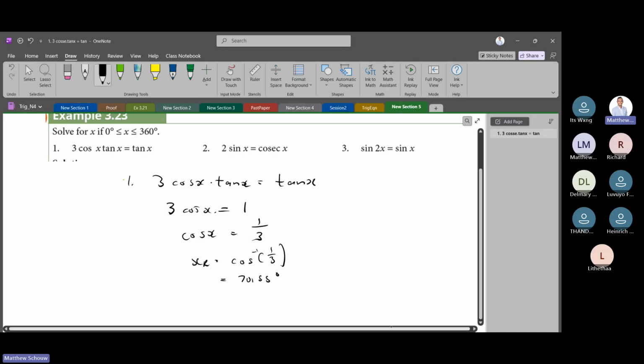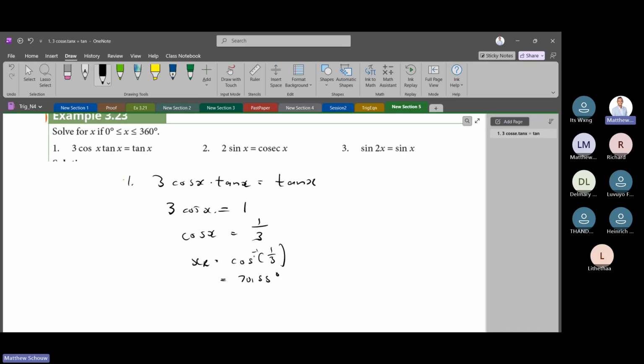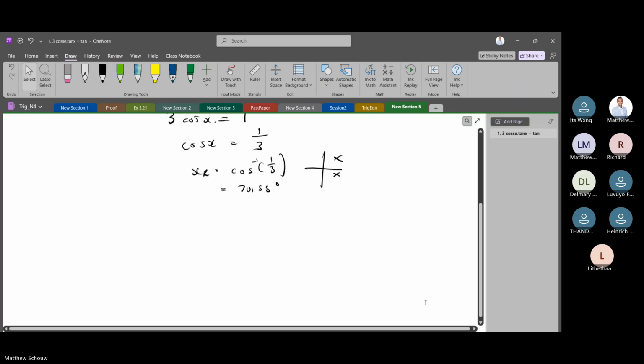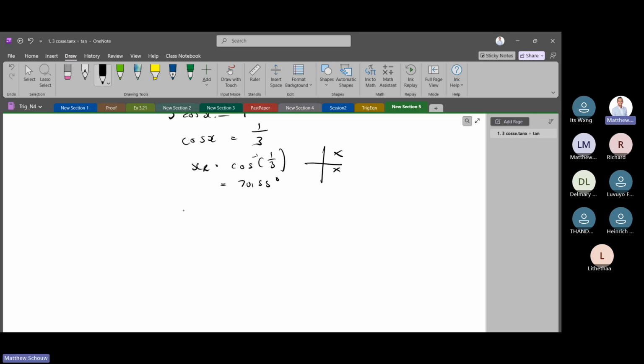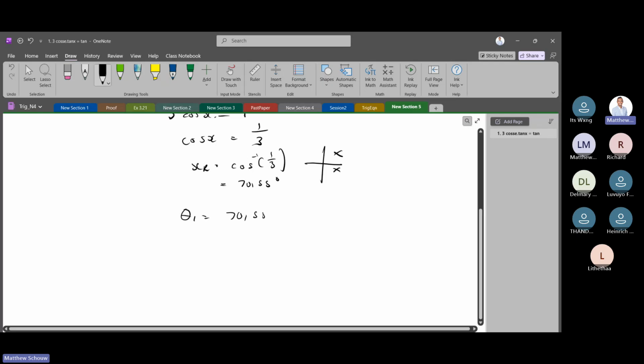Then the next question to ask yourself: is cos positive? It's positive, therefore it's positive over here and over there. So θ1, the first value, will be 70.55. You guys agree with me? Because it's that value there.